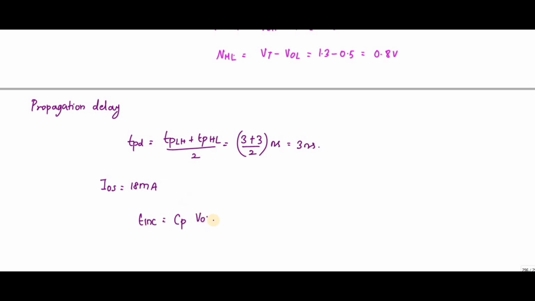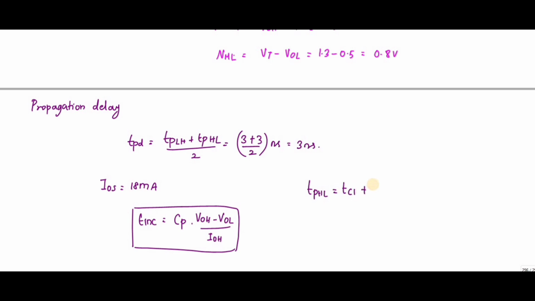Instead of TPD, I need to find the TINC. So the TINC value is CP into VOH minus VOL divided by IOH. This is the formula. If the CP value and all are given, you can calculate using this formula.